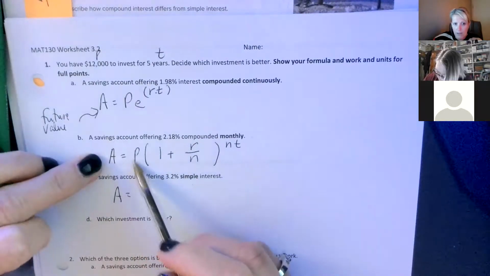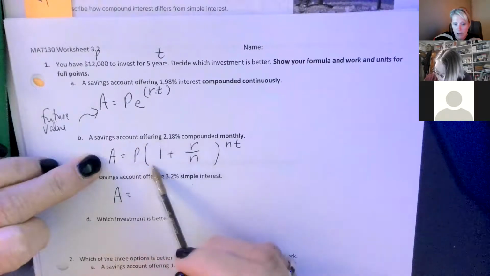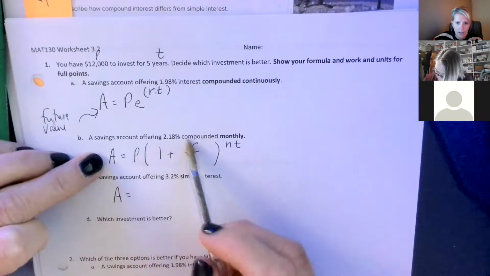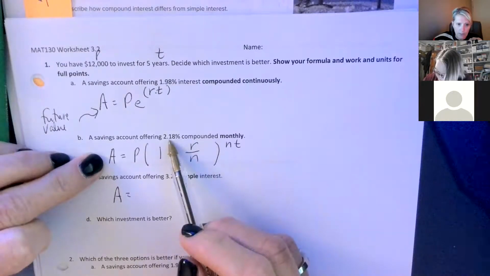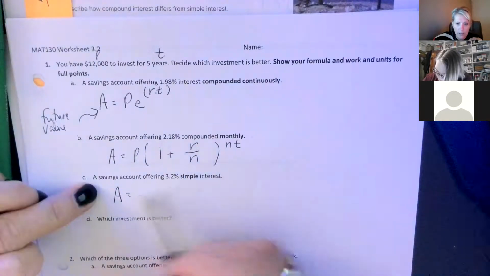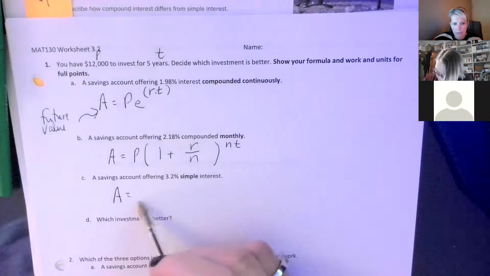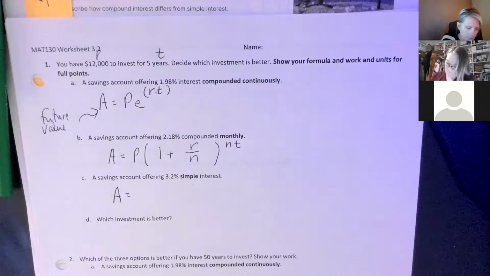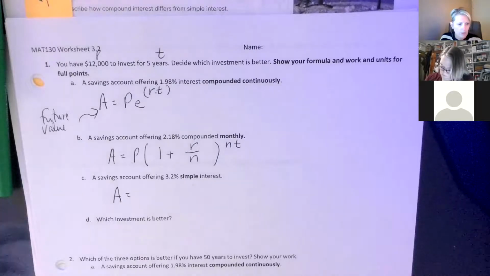And in B, the right-hand side is my recipe for finding my future value when I'm compounding monthly with 2.18%. And in C, we have to go back to the formula. Do we have the formula for future value for simple interest? We'll need that too.